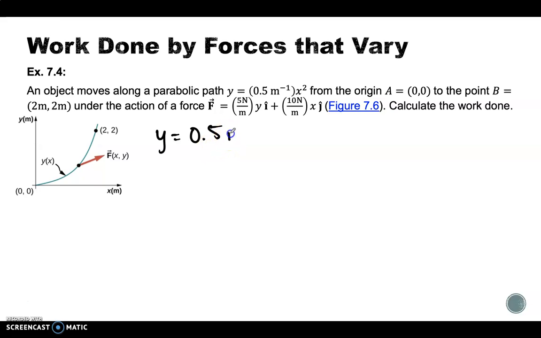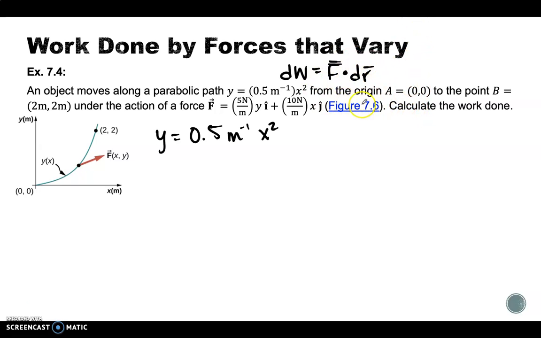And it's described as this equation here. Okay. And since we'll be looking at our work done, remember that our initial work equation was as so: force F dotted into dr. Okay.